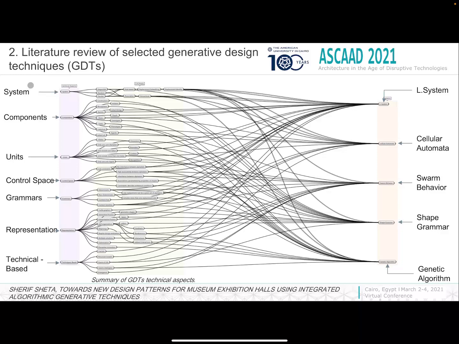The aspects are: system, introducing main ideas and concepts; components, discussing how each system may be structured; the units, showing the unit types that a system can recognize and deal with; control space, commenting on some properties of each system; the grammars, showing how each system works, its behaviors or rules; representation, discussing how each design component and unit is represented; and techniques, based on how new techniques emerge from the founder.